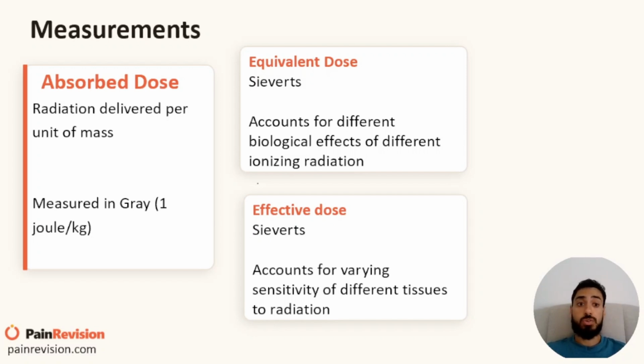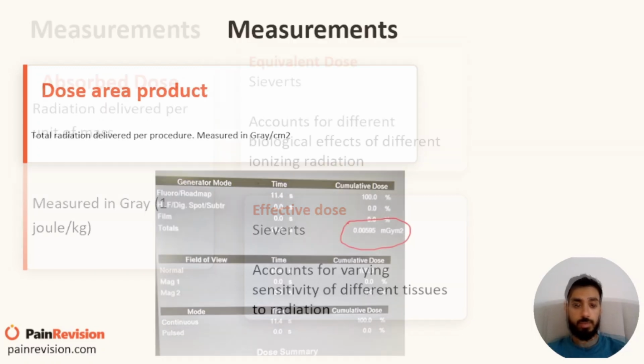If it is a tissue that is quite susceptible to radiation, then that weighting factor will be high. If it is a tissue that doesn't have that high susceptibility, then that weighting factor is going to be low. Both of these are measured in sieverts, and you will see this in practice usually in the form of millisieverts rather than sieverts. But that is their unit, and it is an important unit that you need to be aware of.